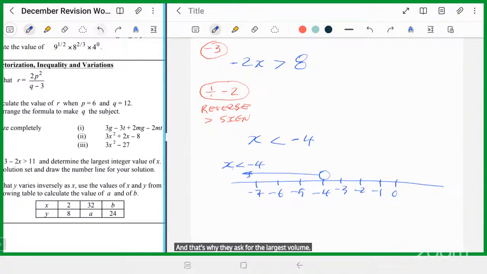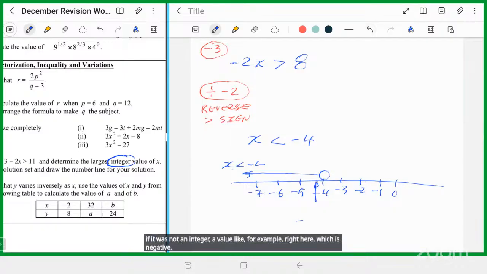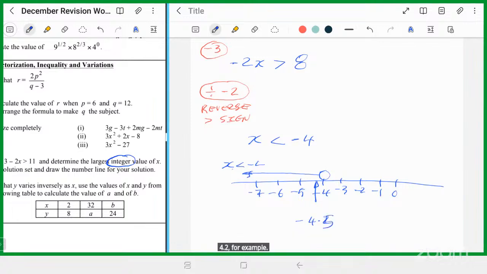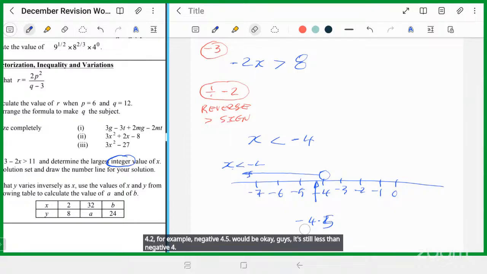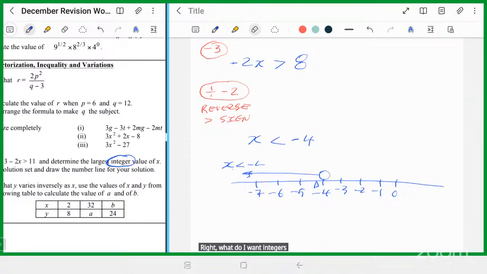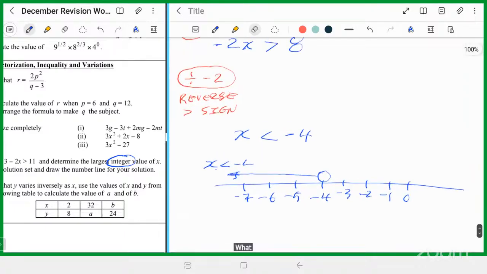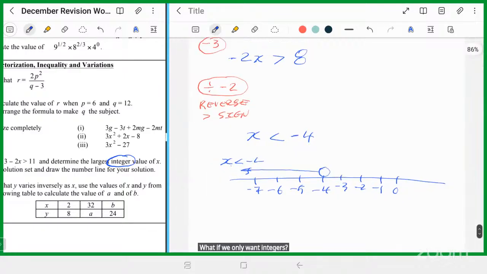And they're talking about integers, meaning we're only taking the whole number, because if it was not an integer, a value like, for example, right here, negative 4.2 or negative 4.5 would be okay because it's still less than negative 4, right? But they want integers. The question is saying, okay, what if you only want integers? What would be the largest value of x? It will be this one, negative 5.